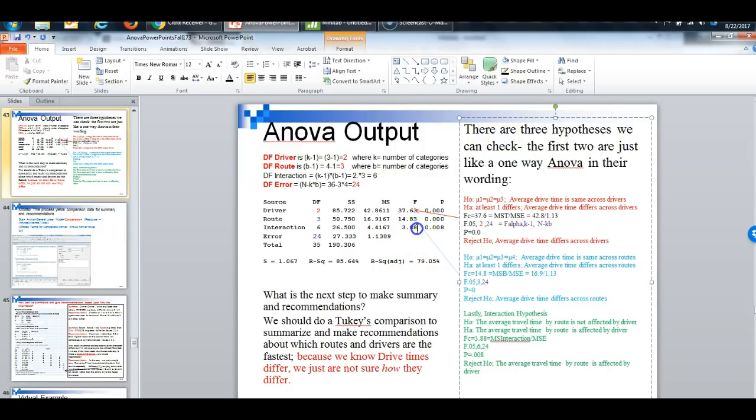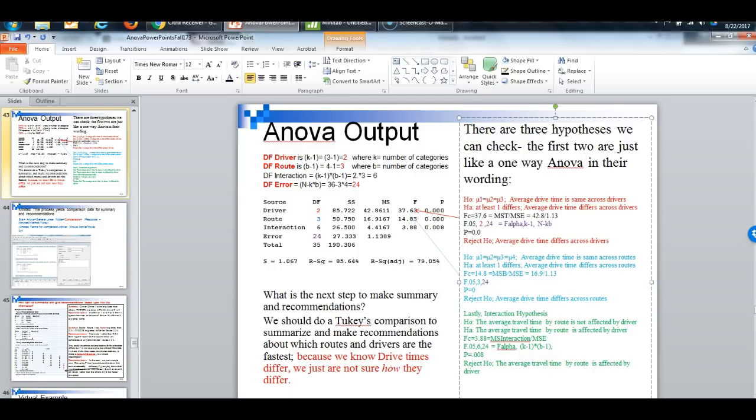I've got my computed test statistic right here. My table test statistic is 6 and 24. So that would be equal to F alpha, and this would be K minus 1 multiplied by B minus 1 degrees of freedom for that first degrees of freedom.